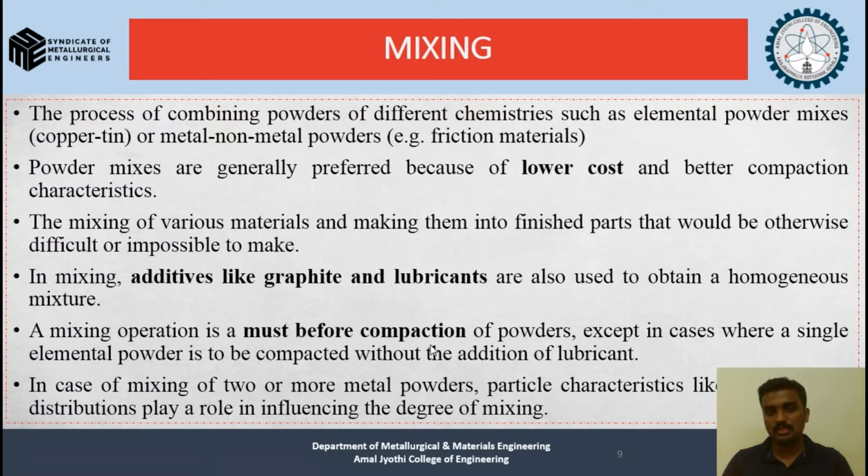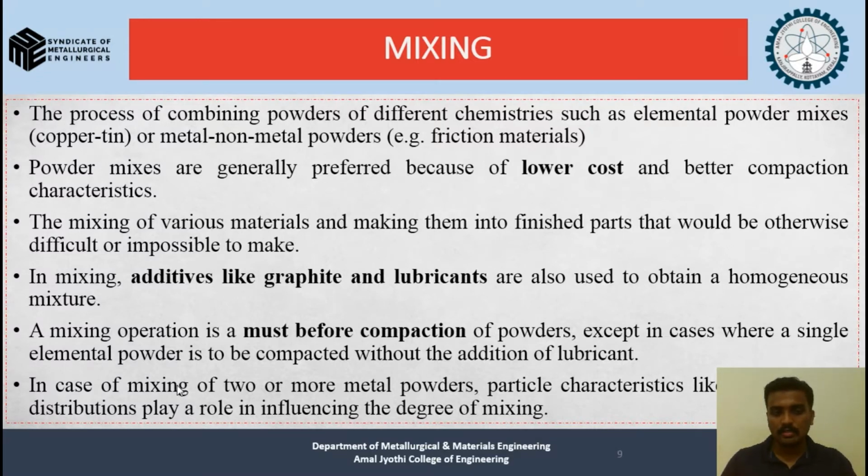It's a must process before compaction of powders, except in the cases where there is a single elemental powder, as in the classification we have said in the previous slide. In cases of a single elemental powder, we never go for this mixing operation because everything is in a homogenized structure. We go for mixing when it comes to two or more different types of material having different natures.